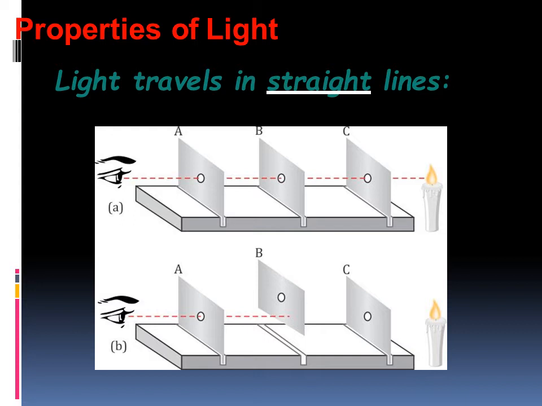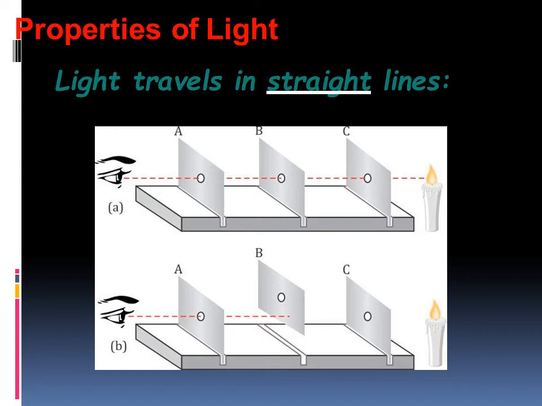It's not that. You have to make the hole in a similar way. That means if you are making a hole at the middle, you have to make the hole at the middle only, so that we can see the flame.